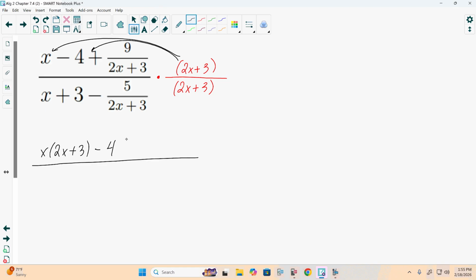So we'd have negative 4 times 2x plus 3. And then we're also going to do it to the 9, plus 9 times 2x plus 3 over 2x plus 3. Well, luckily, those 2x plus 3s are going to cancel.